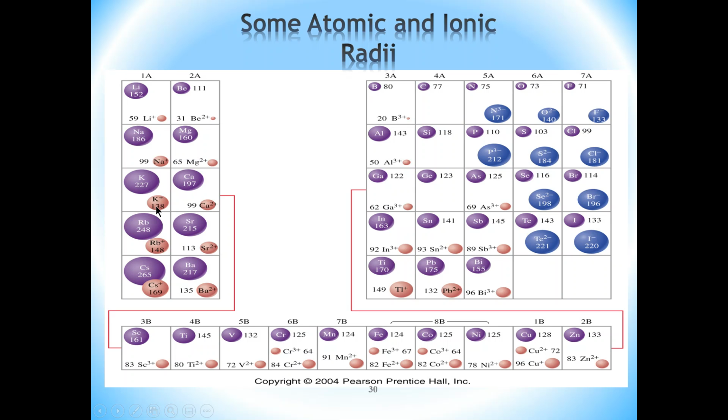So one can see that the cationic size of calcium is smaller compared to that of potassium. Over here, if you look at phosphide, sulfide, and chloride, they have the same number of electrons, but the number of protons would increase going from left to right. So one can see that the chloride ion is the smallest because it has the highest nuclear charge, followed by the sulfide, followed by the phosphide, all right? So those are the trends that we can see clearly from this table.